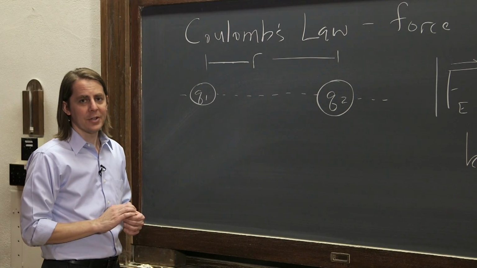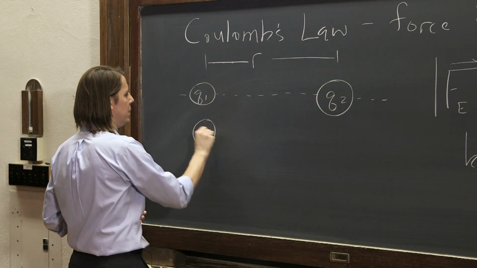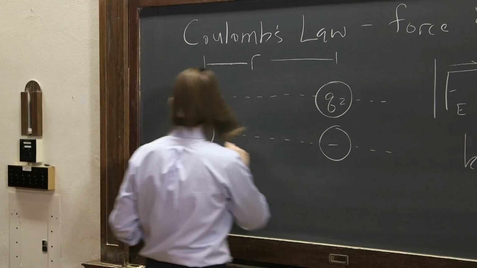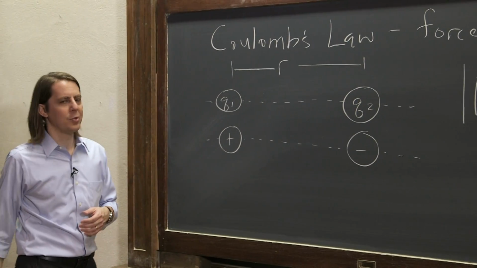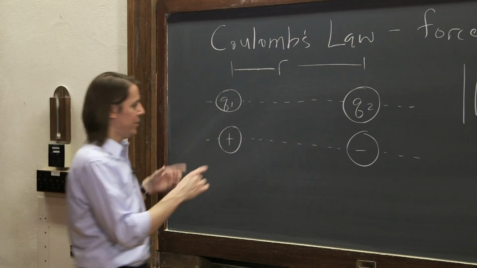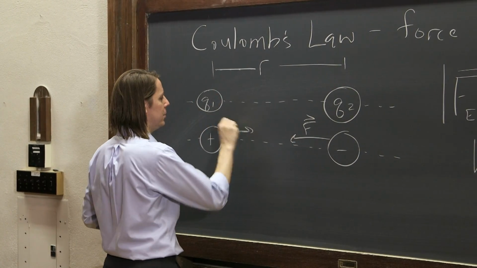We can also think about the direction. This magnitude doesn't tell us the direction at all, but if we start to put actual charges in, or the polarity of the charges, plus and minus, then we can start to know which way the force goes. Without vectors, we just have to state it. When the charges are opposite, the force is attractive.